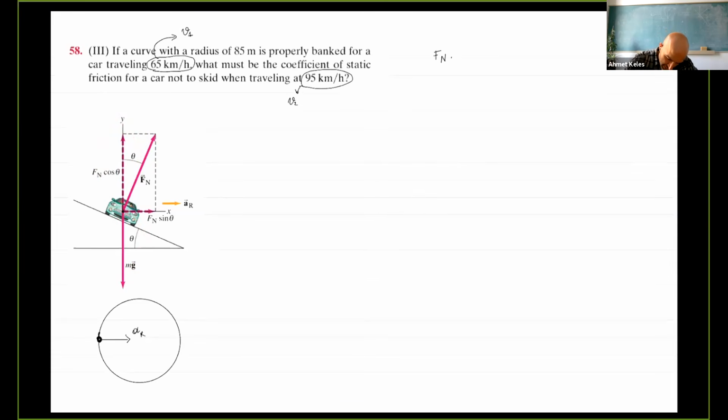So f normal times cosine theta should be equal to mg. Okay. Then I can solve this for normal. F normal should be equal to mg divided by cosine theta. Okay.